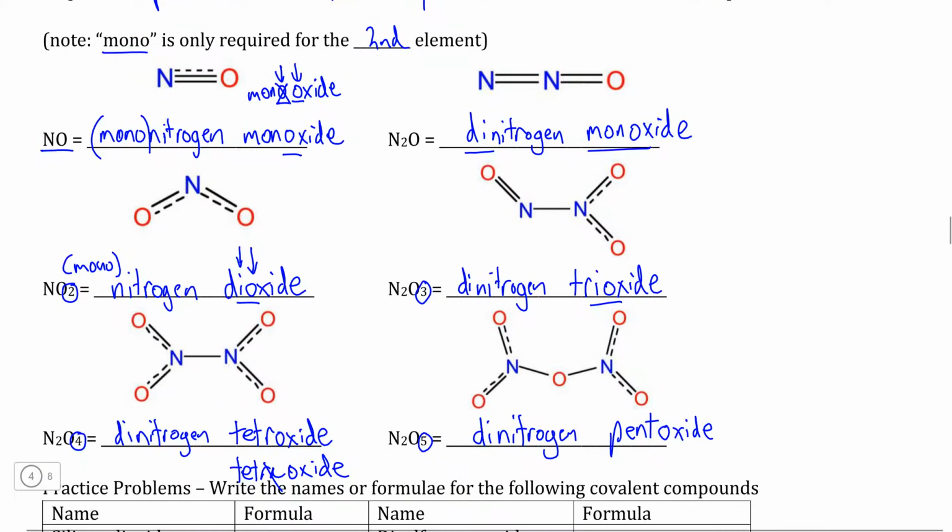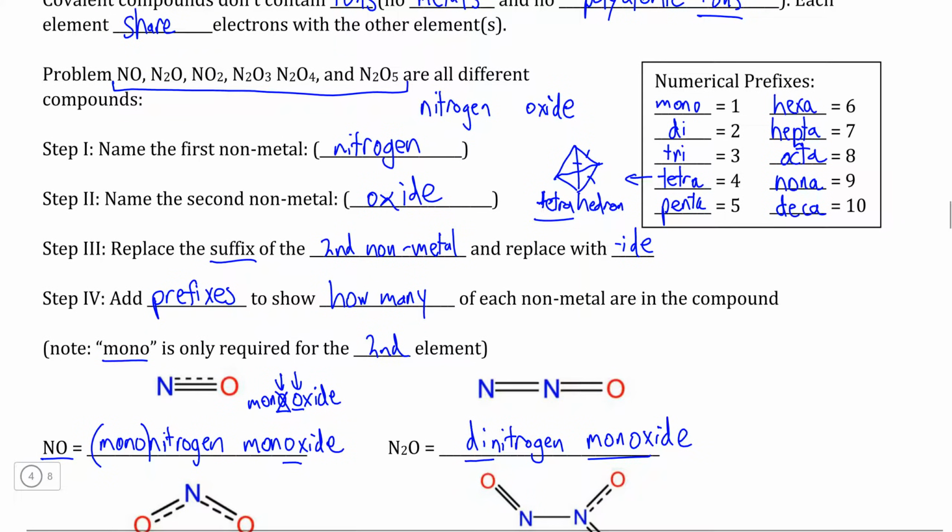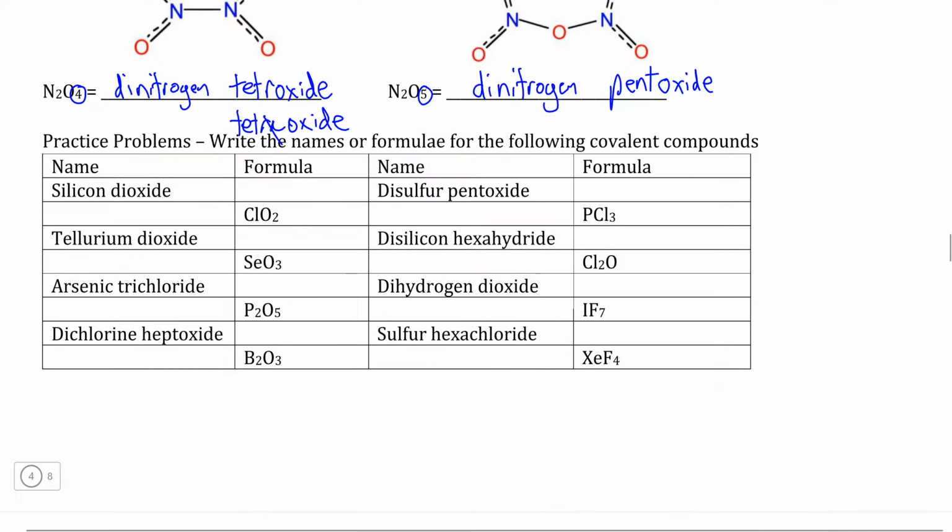So, with a basic understanding about how to name each of the nonmetals within a covalent compound and how to use numerical prefixes, as well as what the numerical prefixes from 1 to 10 are, you can try the practice problems below.